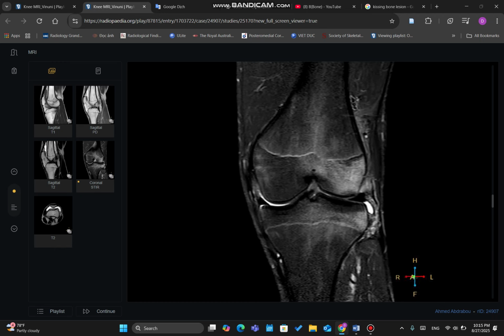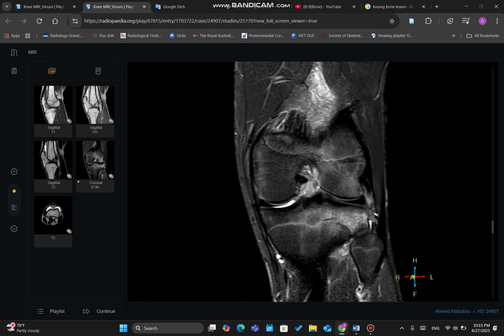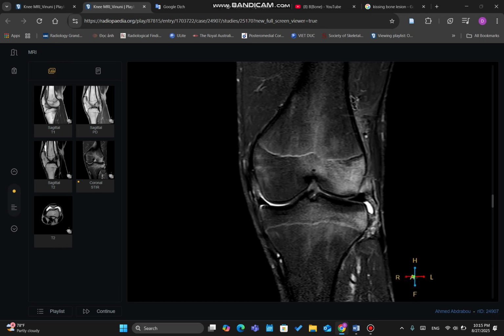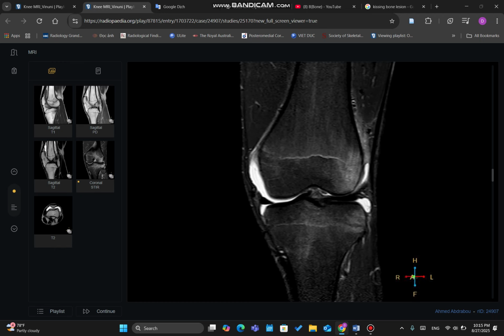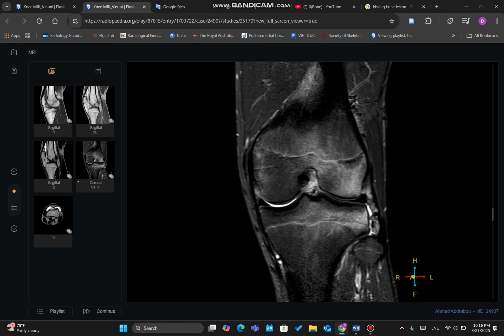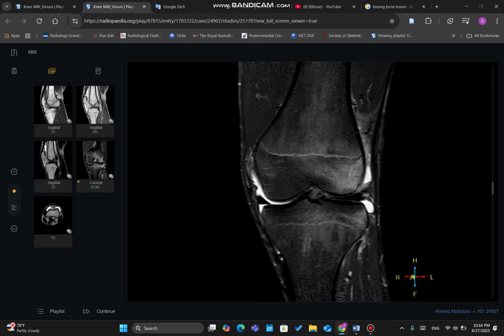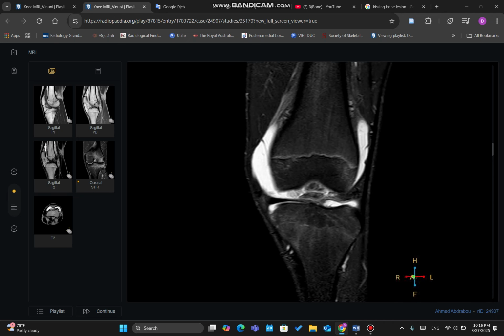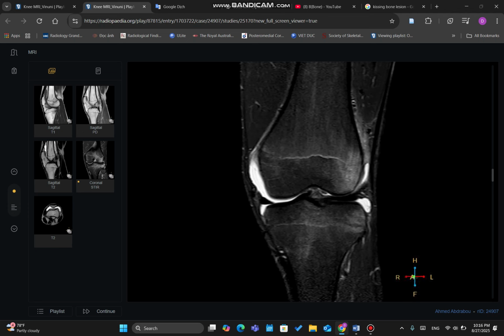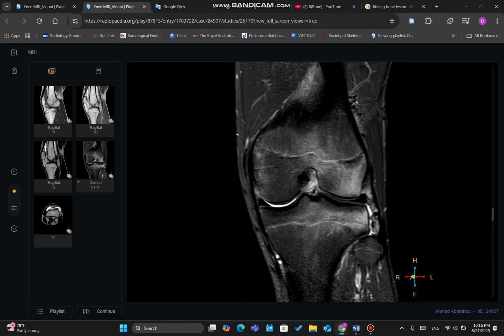If this kind of structure is somehow dislocated from its own position, or it changes the signal from very hypo signal in all sequences, especially on the PD fat-sat sequences, you have to think about an abnormal situation. One of the most common situations that you frequently encounter in your radiologist career is osteoarthritis.